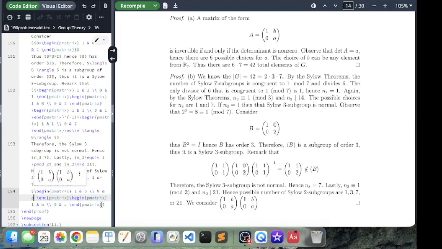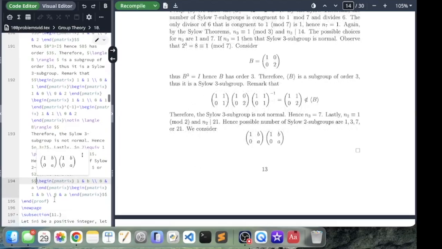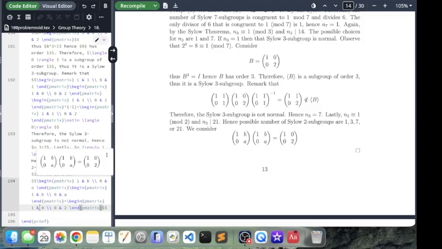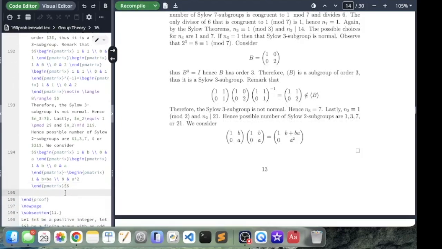So doing the matrix multiplication out, and let's put this in math mode like that. This might go on to the next page, but okay. Doing the matrix multiplication out, let's see, this one's not terrible. We get definitely a 1 in this position. We get B plus AB, or BA, whatever. And the bottom, we definitely get 0 in that corner, and we get A squared. And because we want something of order 2, we want to know when this corner is 0 and when this guy is 1, because that would be the identity matrix.